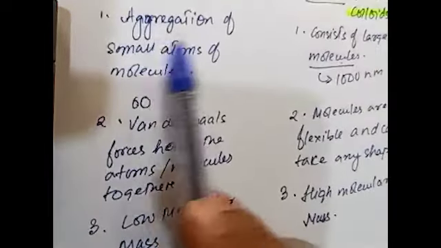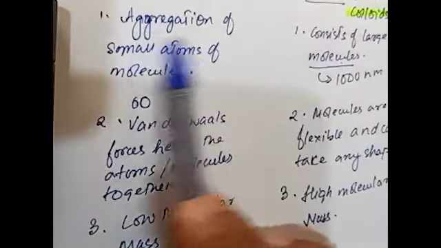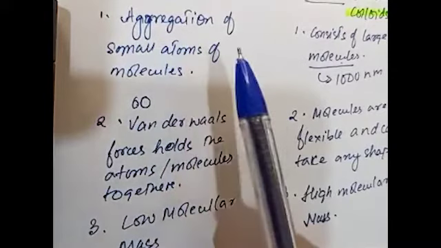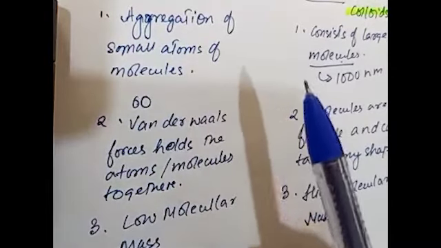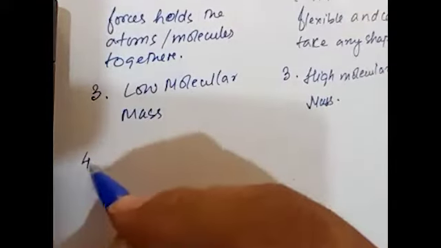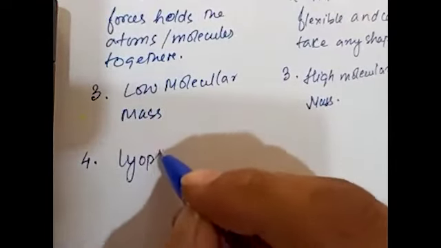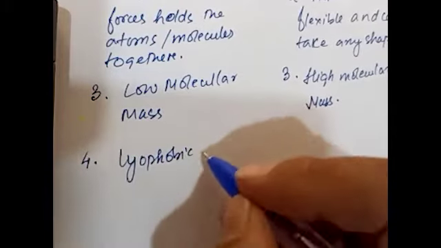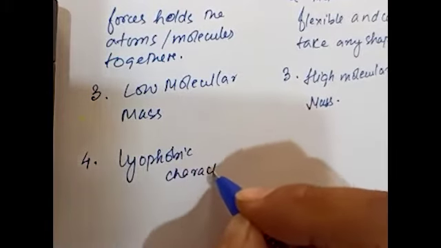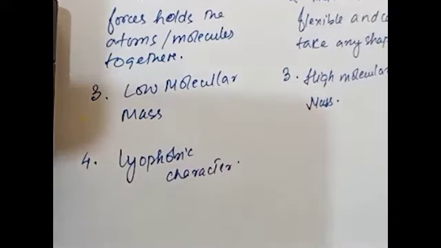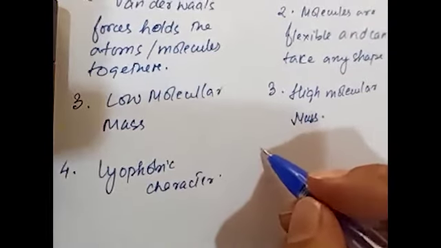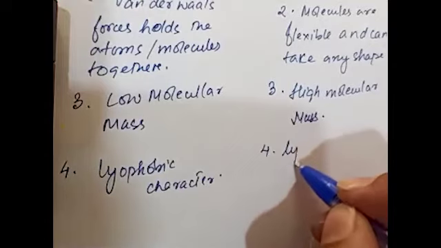Aggregation was actually a characteristic of lyophobic. So the fourth point is lyophobic character, and number 4 here is lyophilic character.